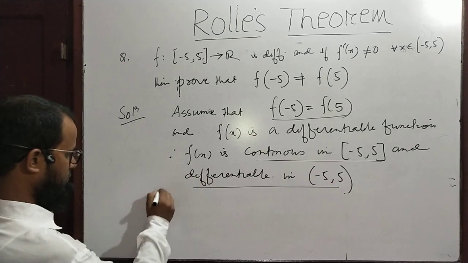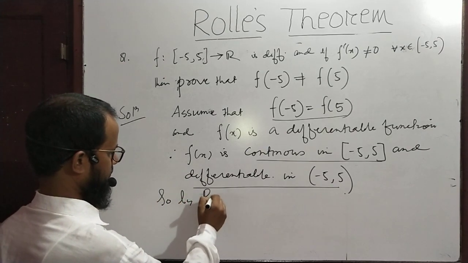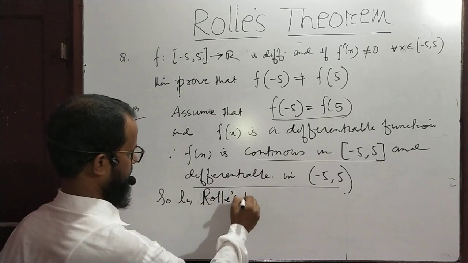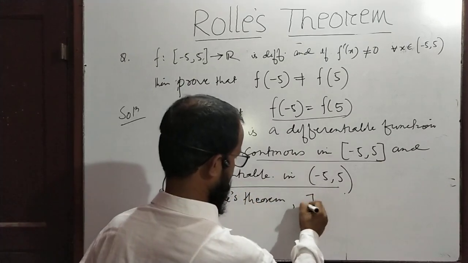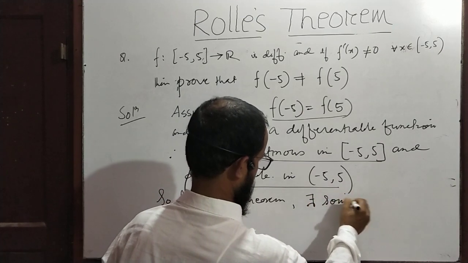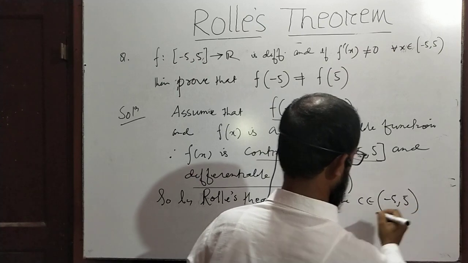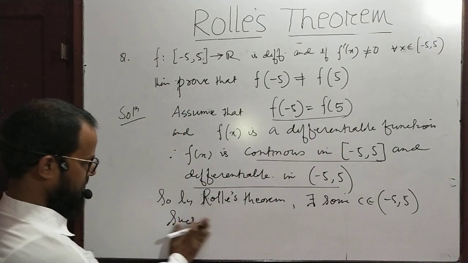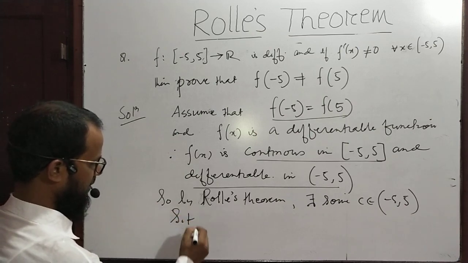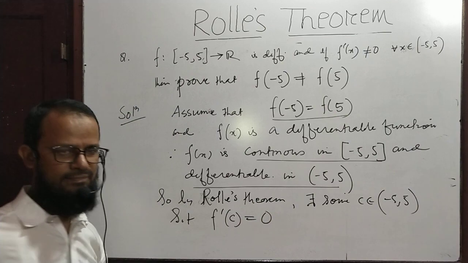So by Rolle's theorem, there exists some c belonging to the open interval minus 5 to 5 such that f dash c equal to 0.